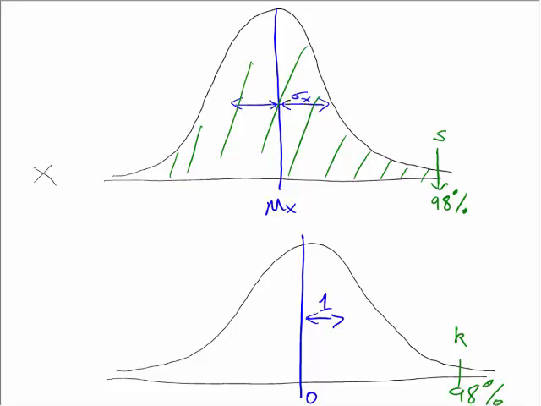Because what I'm doing for both cases is just finding 98% of the area under the curve and saying, tell me what that point is. For the standardized normal distribution, we get the standardized value, which is K. You use that in your confidence intervals, right? We call it Z over there. Here we call it safety factor, we call it K.